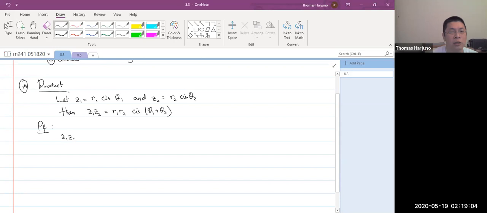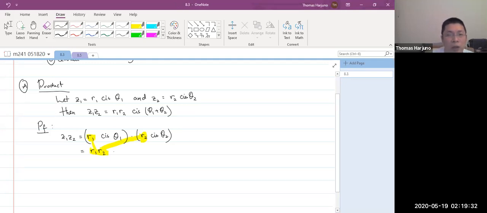C1 C2 equals R1 cis theta 1 times R2 cis theta 2. So that is equal to R1 times R2. I think that one is easy. This guy times that guy, is it right? Becomes this.